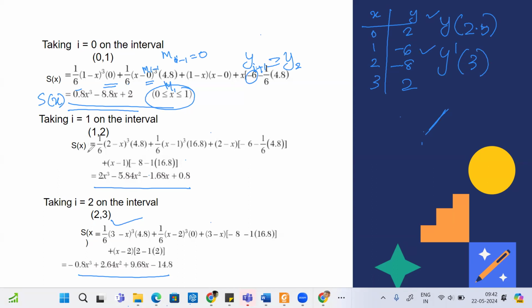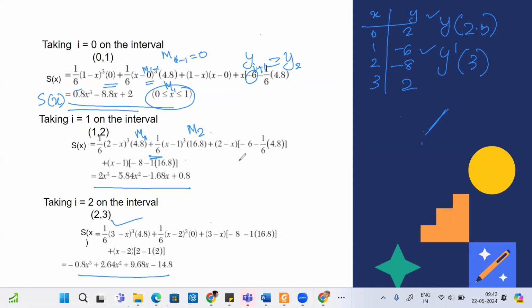Finding the polynomial on the interval 1, 2, S of x is equal to 1 by 6, 2 minus x the whole cube into 4.8. This is m1. Plus 1 by 6 is already in that formula. x minus 1 the whole cube into 16.8, and 16.8 is m2.